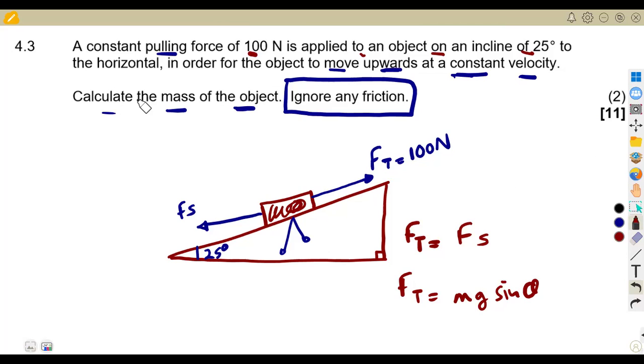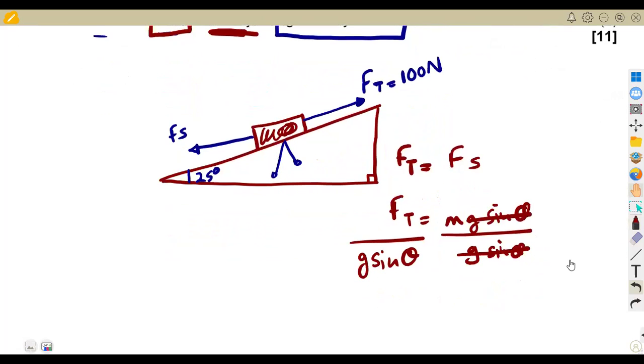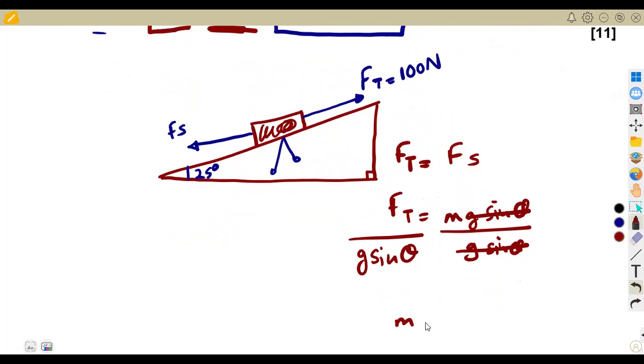So here, what we want is to calculate the mass of the object. What is going to be the mass of the object, which is m? I'm going to make m the subject by just dividing by g sine of theta. So this will cancel. It means the mass of this object is going to be the total force.